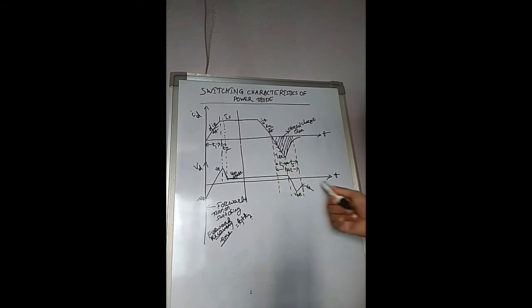So the time required for this reverse recovery current to decay to zero is known as the reverse recovery time. The reverse recovery time is defined as the time between the instant the forward diode current becomes zero and the instant the reverse recovery current decays to 25% of its reverse peak value.